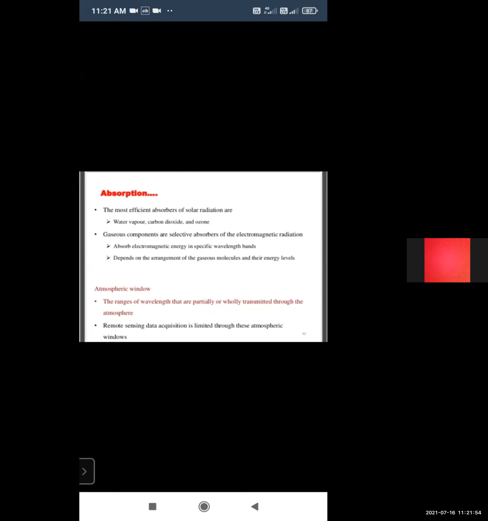But this little amount of carbon dioxide and ozone absorbs our solar radiation. Next, gaseous components are selective absorbers of electromagnetic radiation, that is, they absorb electromagnetic energy in a specific wavelength band depending on the arrangement of gaseous molecules and their energy levels.